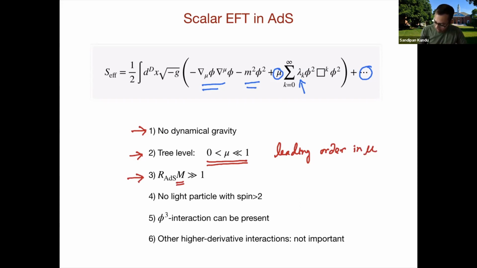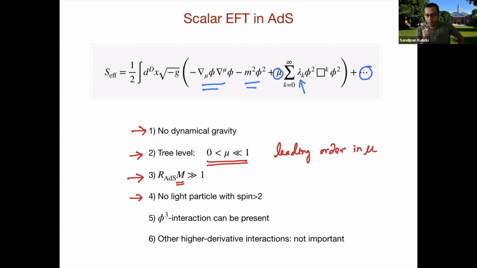Sorry, but little m could be order R radius? Yeah, little m can be anything. I'm not making an assumption about little m. And it could in particular be 0, right, Sandipan? Yes.